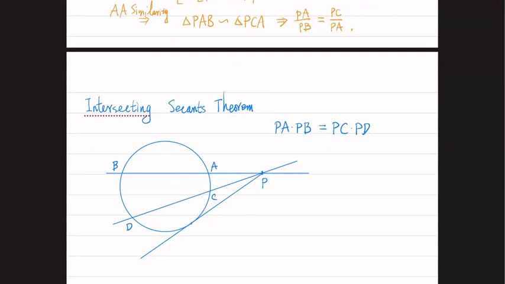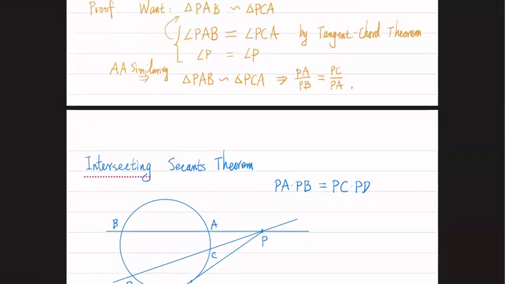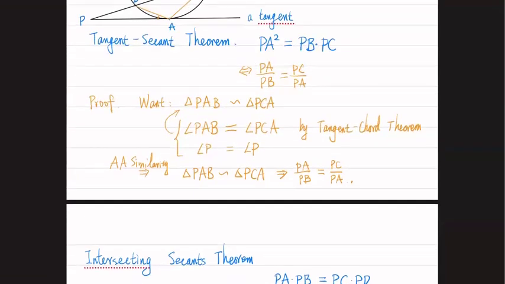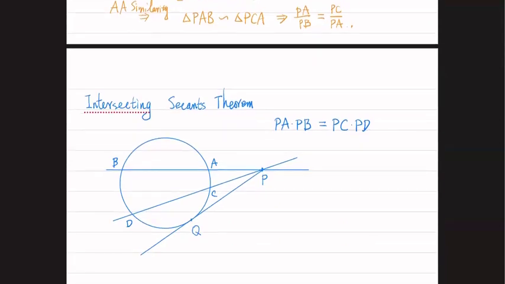For this one, I'm going to label this as Q. Okay, so by the tangent-secant theorem, PQ squared equals PA times PB, also equals PC times PD.